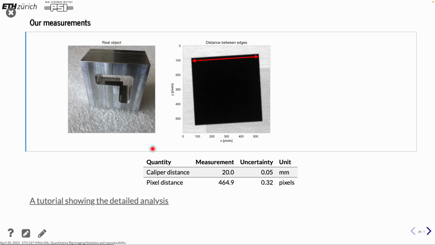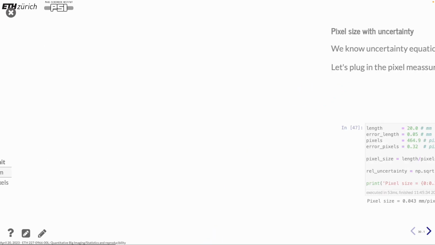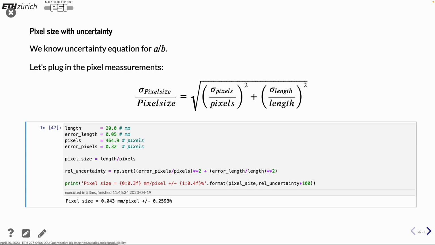And the pixel distance from that procedure gave me these values. So I have about 665 pixels and 0.32 pixels uncertainty. That's actually the standard deviation. So the equation we need now: the uncertainty of pixel size over pixel size is the uncertainty in number of pixels over the number of pixels, squared, plus the uncertainty of the length over the length, squared.